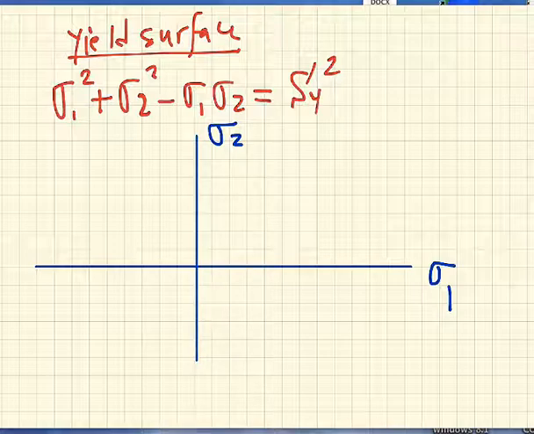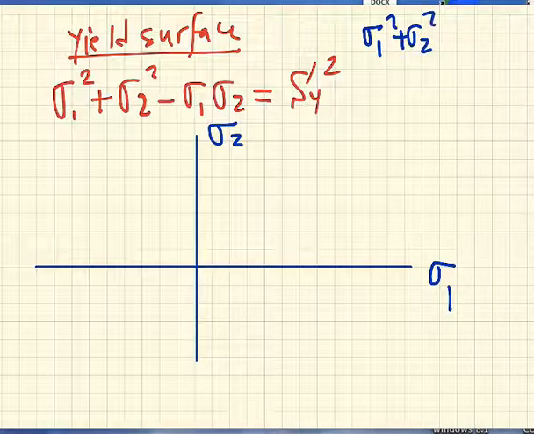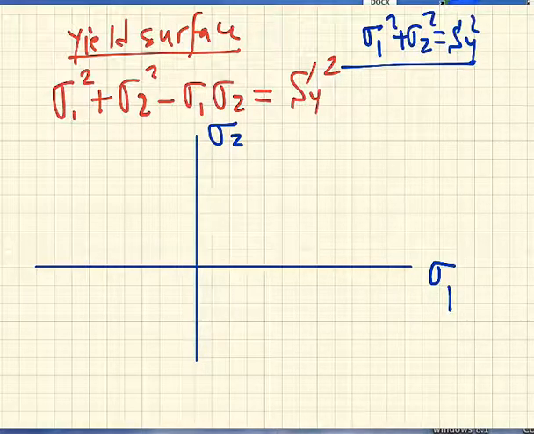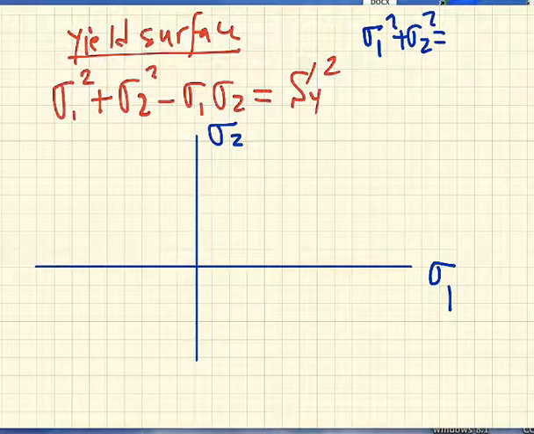We know that if it were a circle, it would be sigma 1 squared plus sigma 2 squared equals a constant. This is the equation of a circle. But it's not a circle because you have this additional term here, as we've learned a long time ago. So we have the equation of an ellipse.